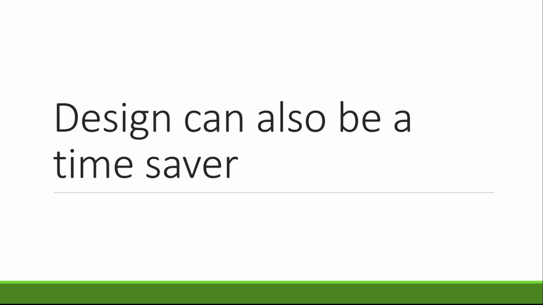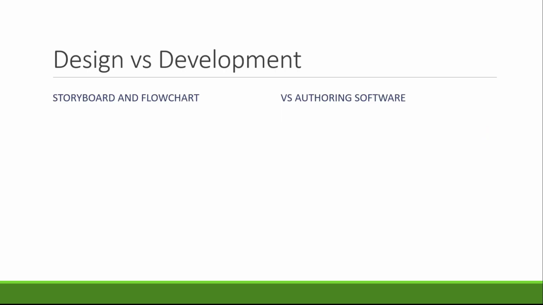Good design can also be a time saver if you're working on your own and you are wearing all the hats. So for example, if you think about design versus development, if you start with a storyboard and flowchart, you can do quick mock-ups or in-depth designs, depending on what you're aiming for. You can use your storyboard as a reference for complex e-learning. For example, if you're building out menus, you can make sure everything goes to the right place.